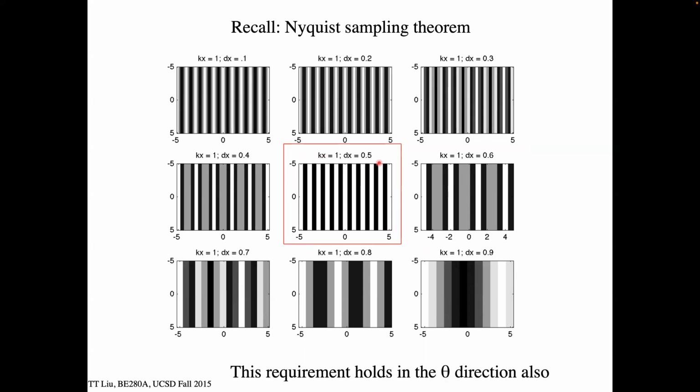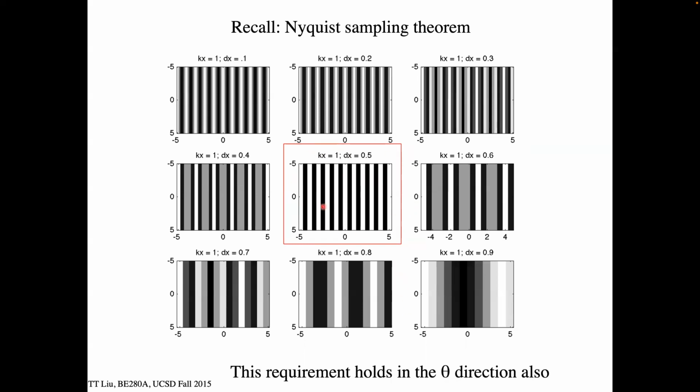So the Nyquist was for this spatial frequency where kx equals 1, we figured we needed 2 samples in each period. So we need a maximum, a minimum, a maximum, a minimum, and that's the Nyquist frequency. If we sample any lower than that, i.e. our samples are farther apart, we start getting these artifacts.